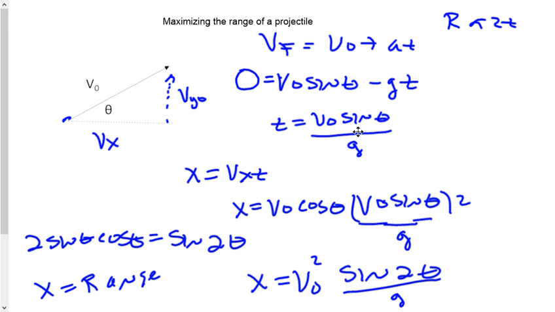Now in calculus, to maximize, you take the first derivative and set that equal to 0. So let's go ahead and maximize our range. Let's rewrite our equation now. Range x is equal to V naught squared sine of 2 theta divided by g.